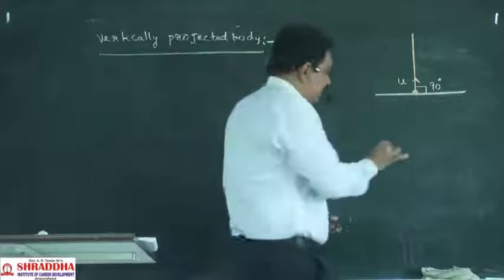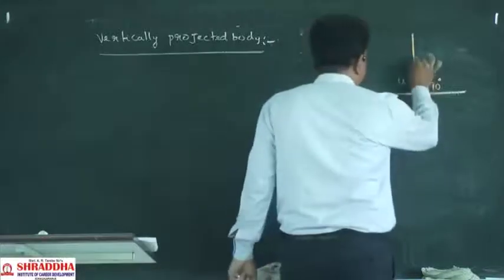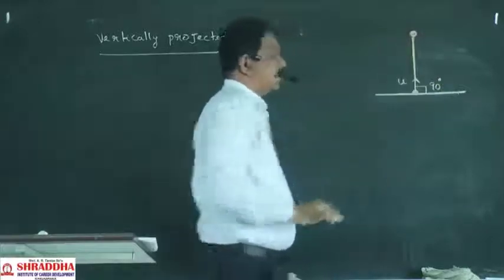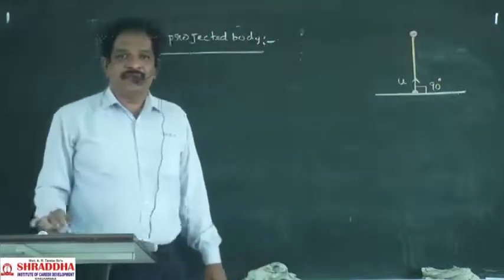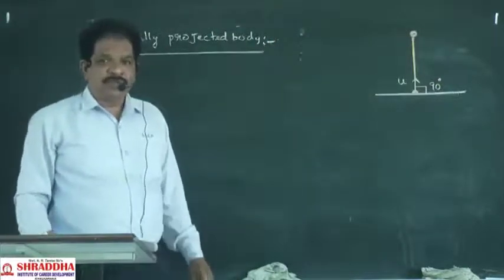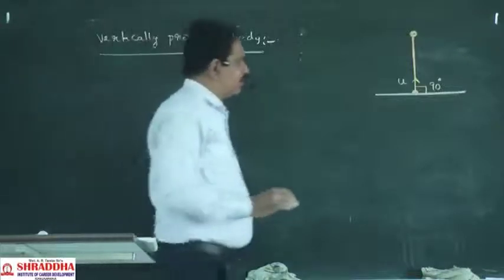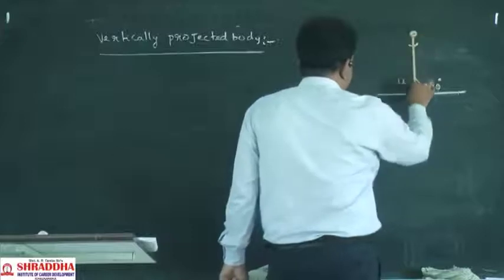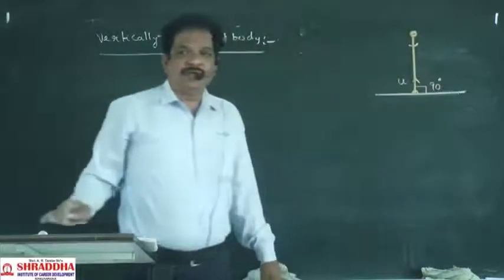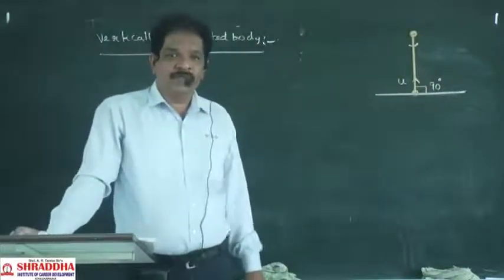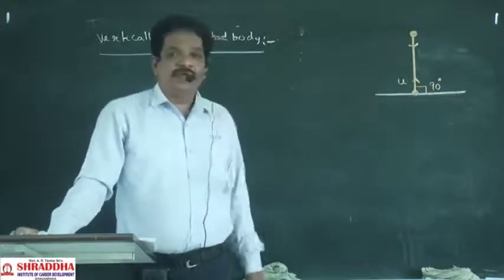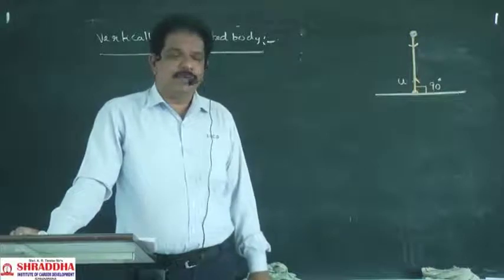So when the body is going up, velocity decreasing, and when it came to here, let the velocity become 0. From where velocity becomes 0, from there again it will fall down in the same path and reaches the point of projection. From where it is projected, it will come to the same point.